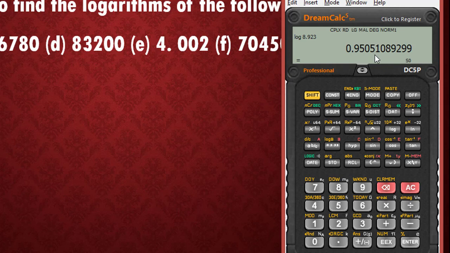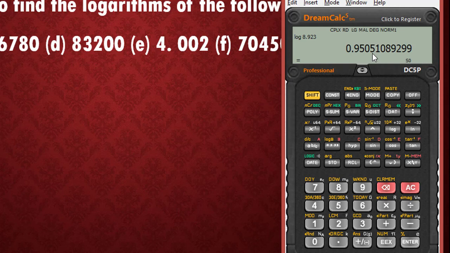My note is this: if you approximate any number from 0 to 4, that is 0, 1, 2, 3, or 4, it's going to give 0. But if you approximate any number from 5 to 9, that is 5, 6, 7, 8, 9, it's going to give you 1.